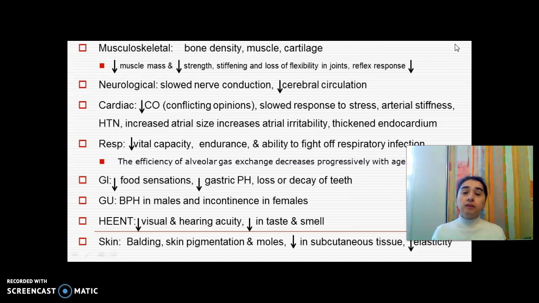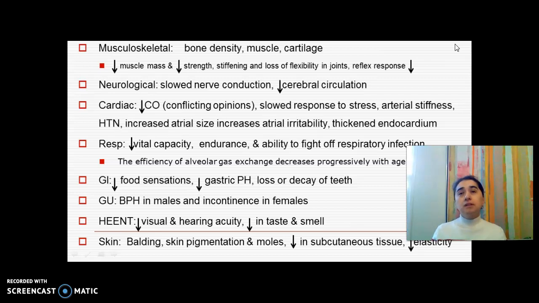But briefly, with musculoskeletal system, there is a decrease in muscle mass, and joints become more stiff and less flexible. In conjunction, this can affect older individual capability to ambulate and to be safe, to prevent falls. In terms of neurological system, there is a slower conduction of impulses and information from one nerve cell to another. As a result, an elderly individual might need more time to comprehend, to learn information in comparison to younger individuals.